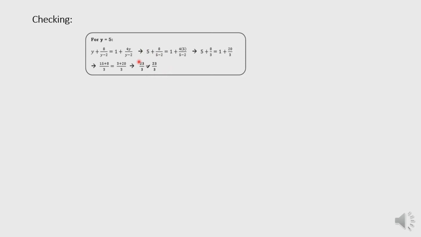So 23 over 3 is equal to 23 over 3. So the value 5 for y is true because the left and the right sides of the equation are equal.